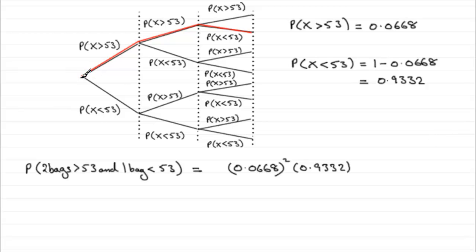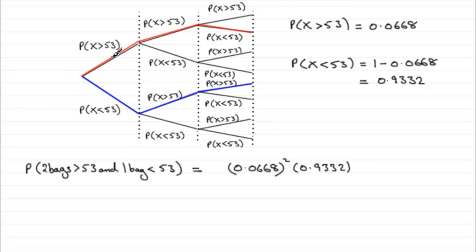But it doesn't end there, because there's not just this route through the tree diagram, there's another route. You could, for instance, have that the first bag was less than 53, but the remaining 2 were more than 53. When you do this sum, it's going to actually be the same as this sum, only in a different order. 0.9332 first of all, multiplied by 0.0668 squared.